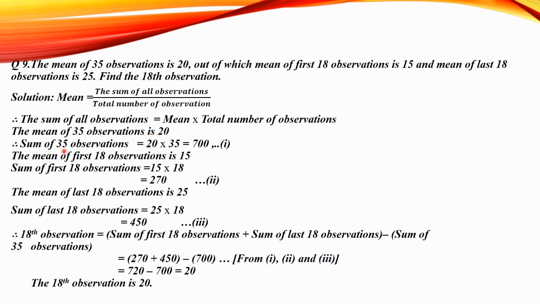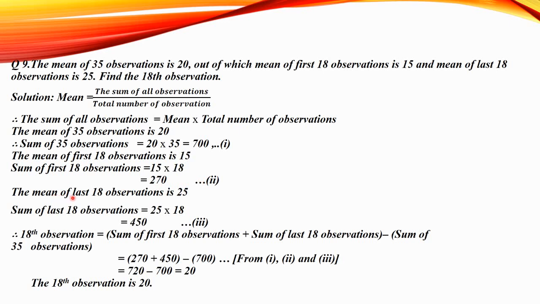Therefore, the sum of 35 observations is equal to 20 multiplied by 35, and that is equal to 700, which we will take as equation number 1. Now, the mean of the first 18 observations is 15. Therefore, the sum of the first 18 observations is 15 multiplied by 18, which is 270. So we will take it as equation number 2.